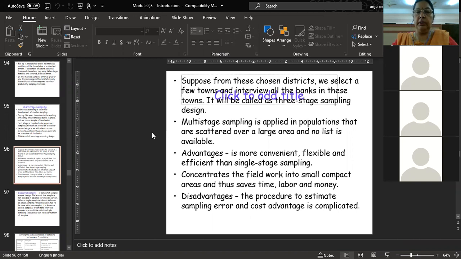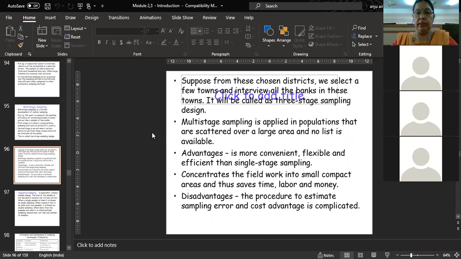It is convenient, it is flexible, it is an efficient way of taking a sample from large spread out populations. And you can do field research by taking sample with the help of this multi-stage cluster sampling technique. So you can take out your sample quickly, saving time, effort, and money. These are the advantages of cluster sampling technique.